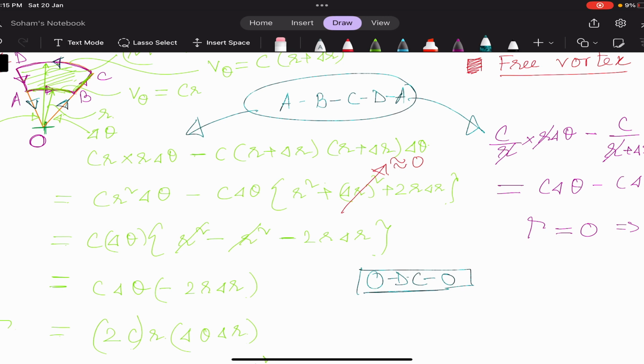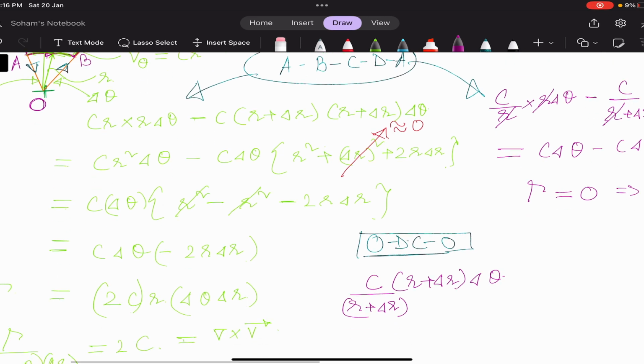And for the path CD we will have C by R plus delta R into R plus delta R into del theta.